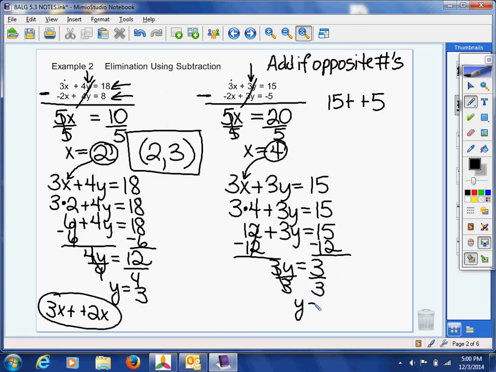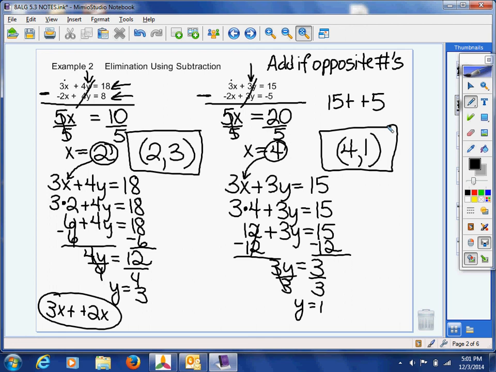And so y should equal 1. So it looks like our point of intersection is x is 4, y is 1. So if I graph those two original lines on a coordinate plane, they would crisscross at 4, 1. So this is our second example of how to use elimination.